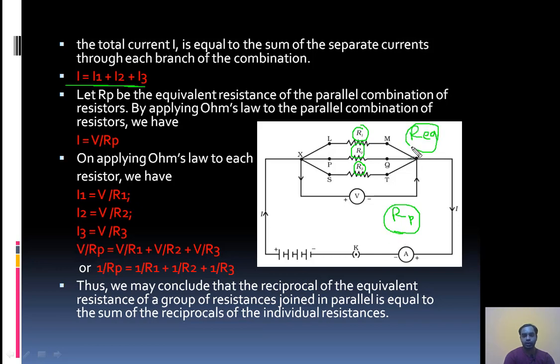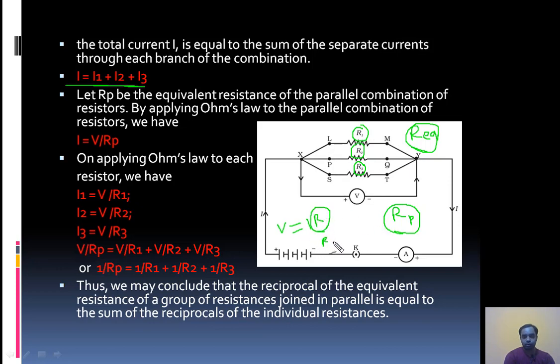We are going to calculate it here with the help of Ohm's law. Okay. So as you know, what is Ohm's law? V equal to IR. Here we are going to calculate R for this whole circuit.